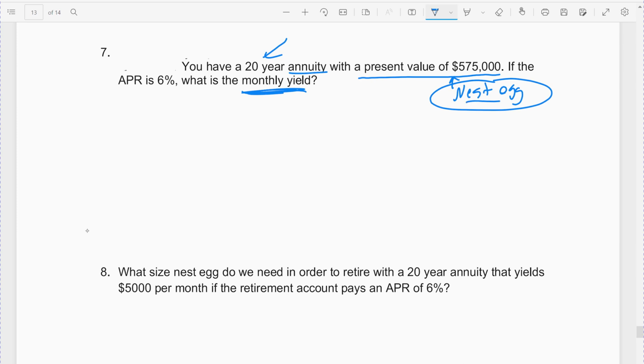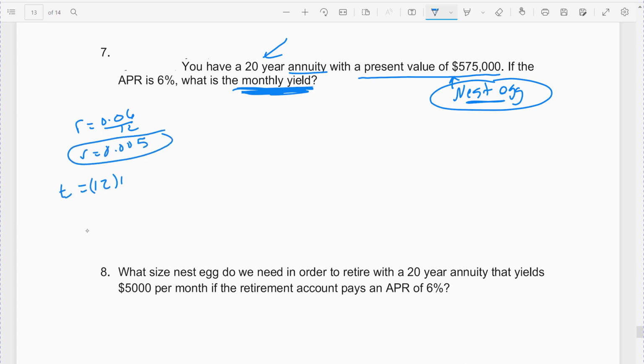Okay, so this one's a little trickier because it doesn't come out and say nest egg. Now, it does sort of give it away because the only formula with a yield is the monthly yield case. So it is the nest egg formula. The present value is the nest egg, $575,000. R is 0.06 divided by 12, which again is a nice one.